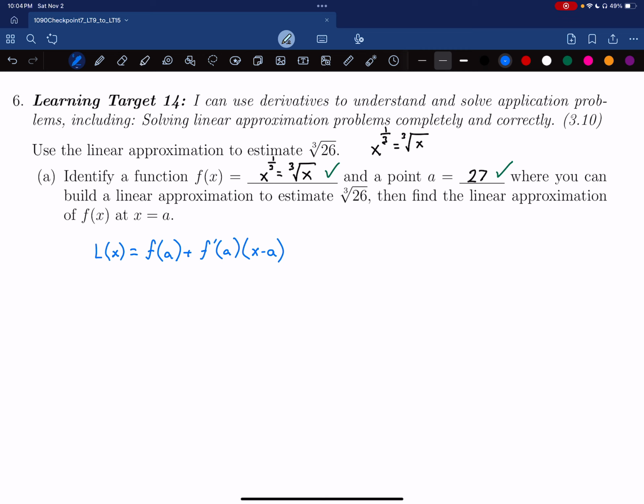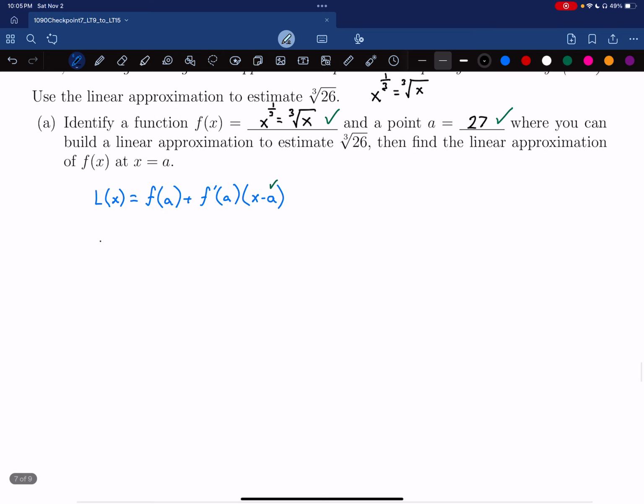So, looking at this, we know what a is, and we can figure out f of a and f prime of a by plugging in and also taking the derivative. So first, let's do f of a. This is pretty simple, and I kind of already talked about that.